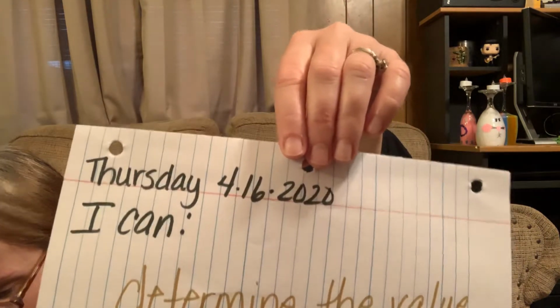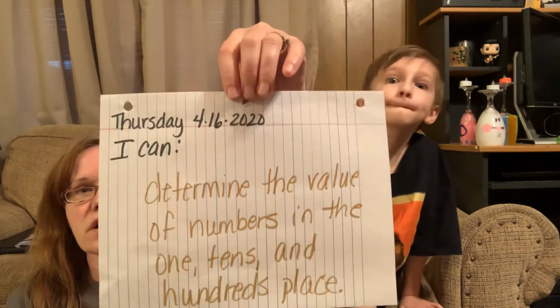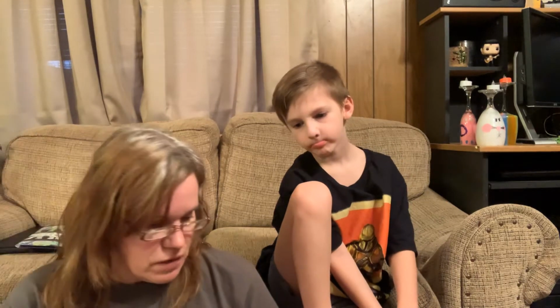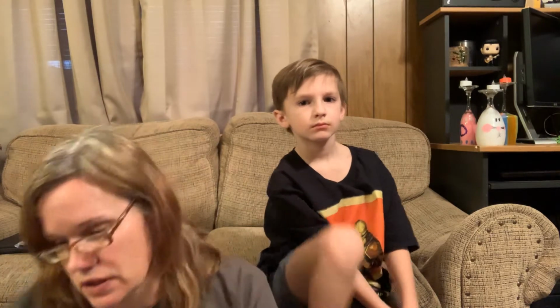I forgot I added the hundreds in there. So we're going to determine the value of numbers in the ones, tens, and hundreds place, okay? This should be really easy because when we wrote an expanded form yesterday, we actually already had to do that. Today is almost basically review.